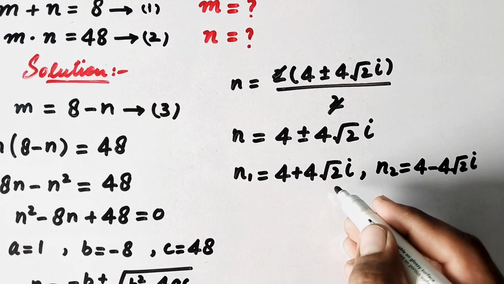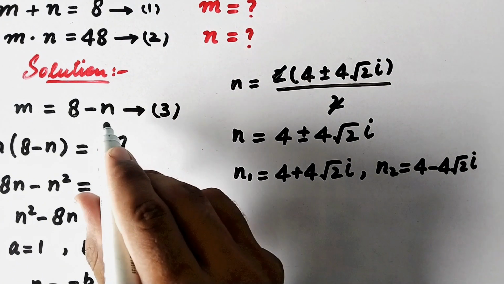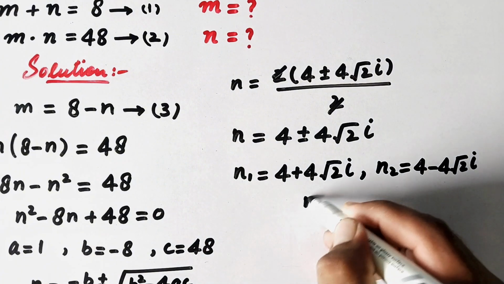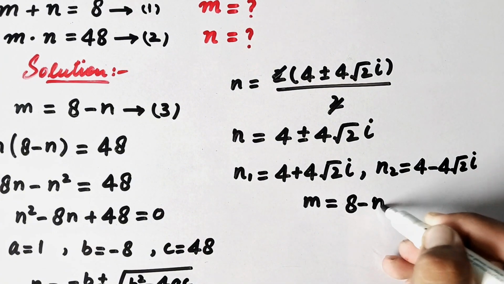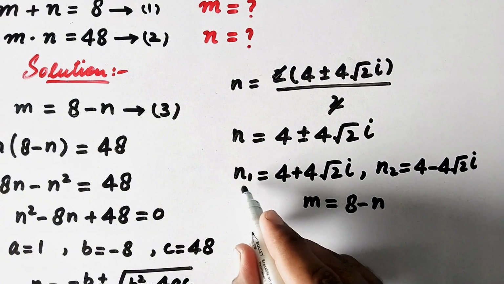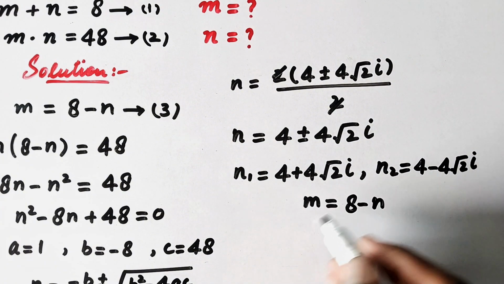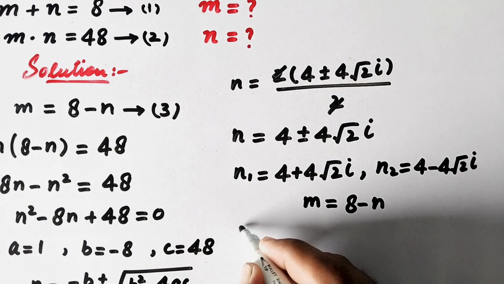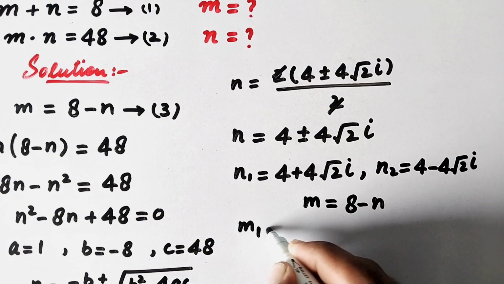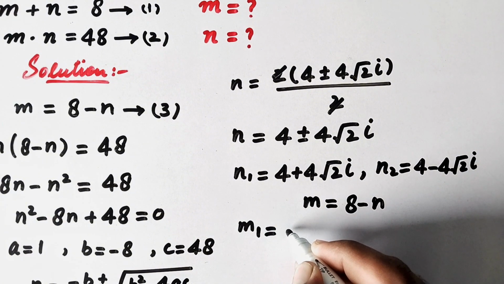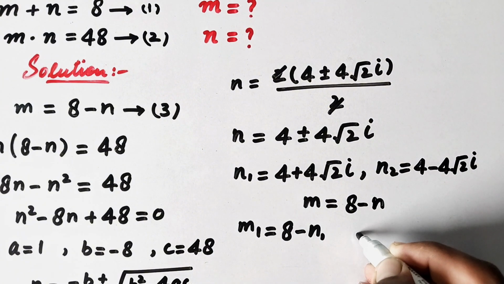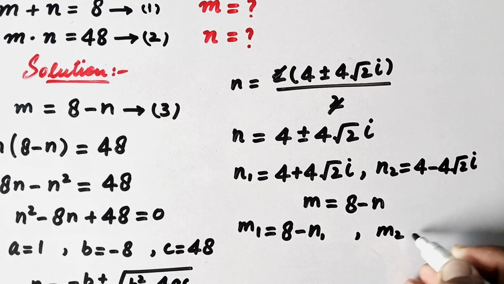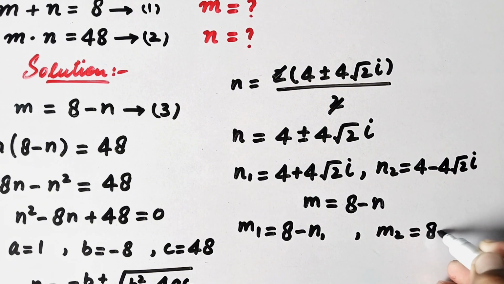And now we will find the values of m using equation number 3, that is m equal to 8 minus n. As here are two values of n, therefore there will be two values of m. m1 will be equal to 8 minus n1, and m2 will be equal to 8 minus n2.